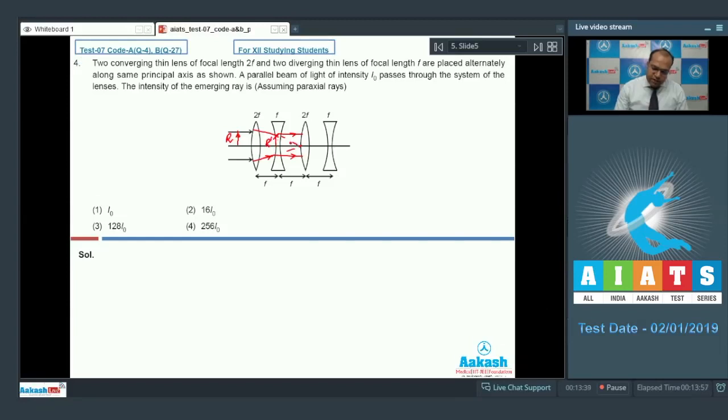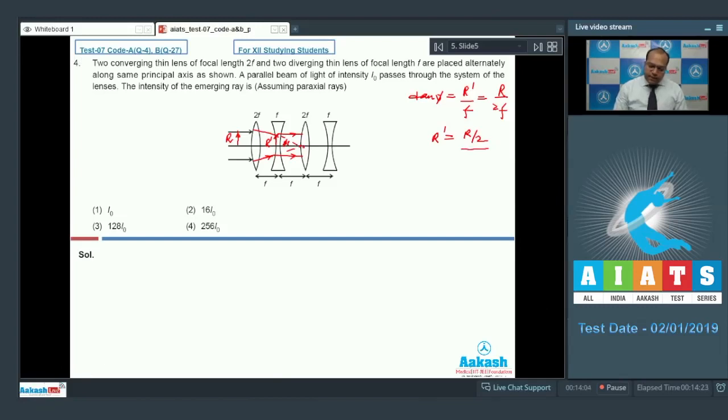If this angle is phi, then tan phi is equal to r dash upon f, which is equal to r upon 2f. So from these two triangles, the value of r dash comes out to be r by 2.